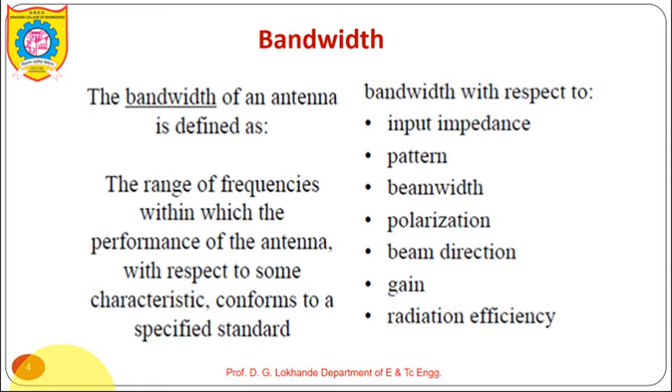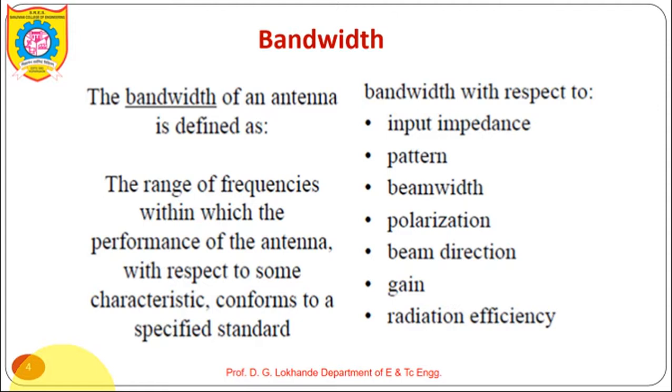So it is defined as the range of frequencies over which the performance of the antenna with respect to some characteristic conforms to a specified standard. And these are requirements that must be satisfied by the antenna itself, and that's why we need to understand the bandwidth with respect to the different parameters.